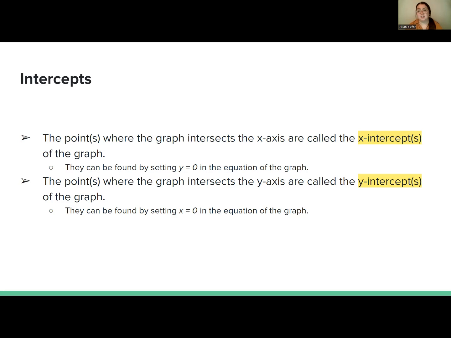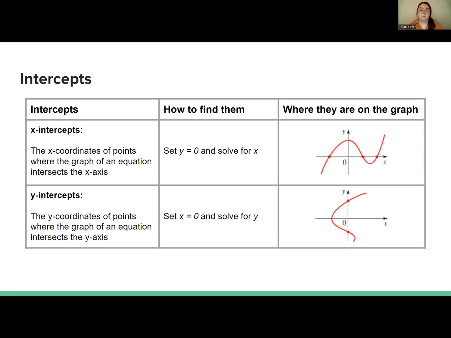Those will be your intercept points. And those are always going to be in the form of an ordered pair, with one of the numbers always being 0. X-intercepts always look like the ordered pair (x value, 0). Y-intercepts always look like the ordered pair (0, y value). So there's always a 0 in there, and knowing which is important.